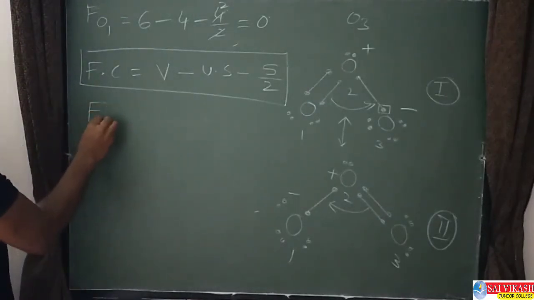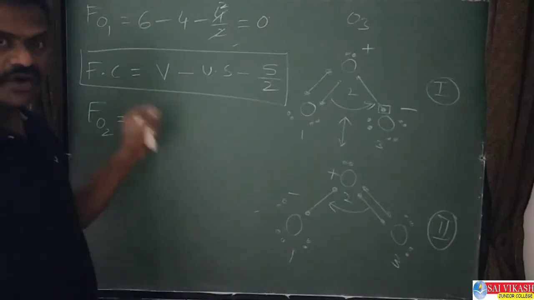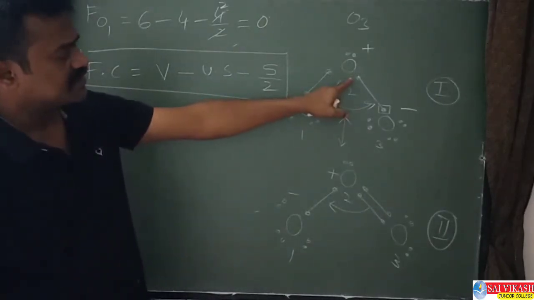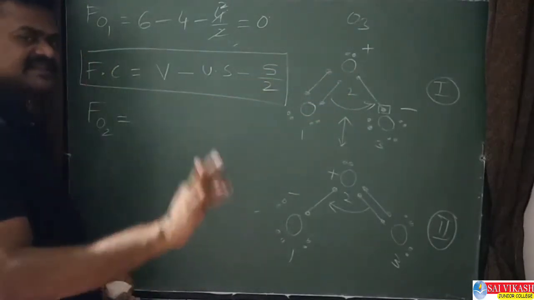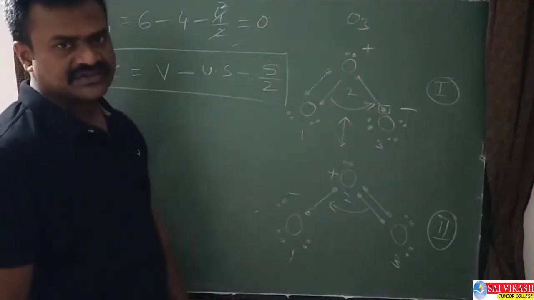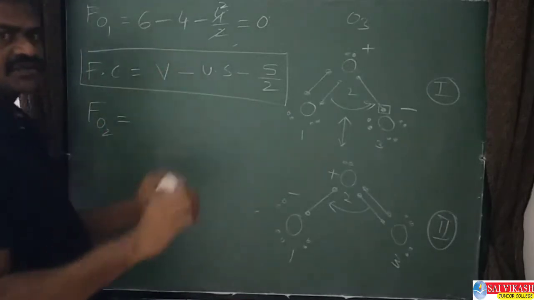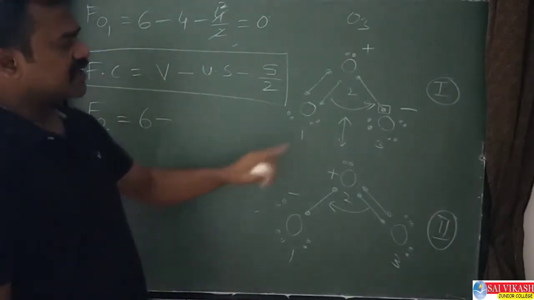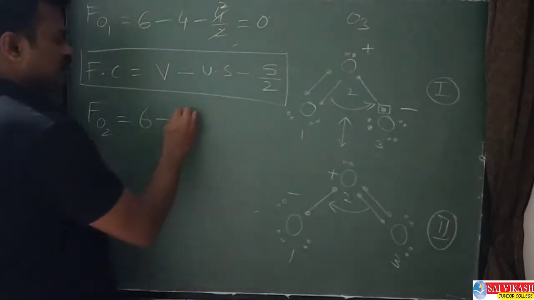Now the formal charge of oxygen 2. Oxygen 2 is this one. Valence electrons here are also 6 only. The actual valence electrons are 6, but one electron is lost in this; we only need to write the basic valence electrons. So 6 valence electrons minus unshared, how many? 1, 2. 2 unshared.